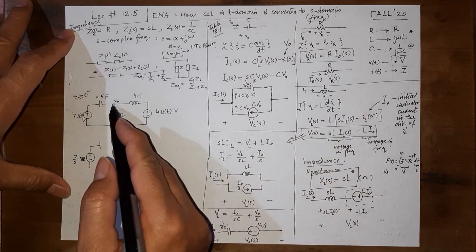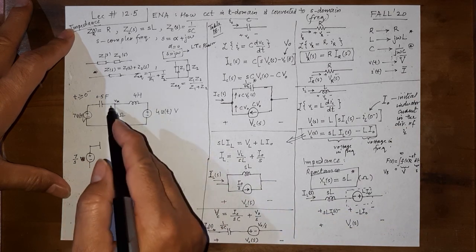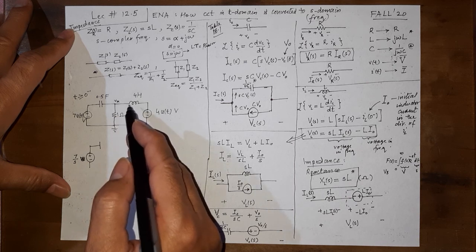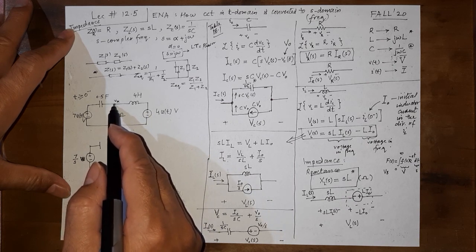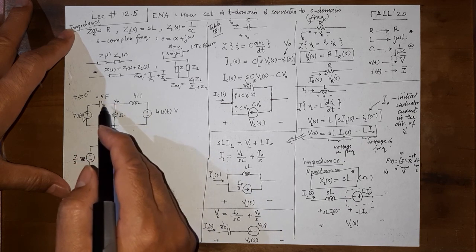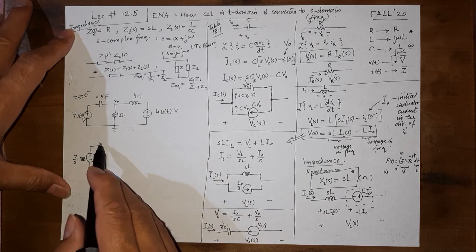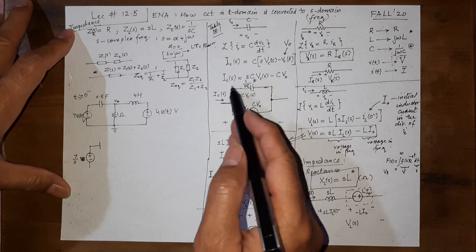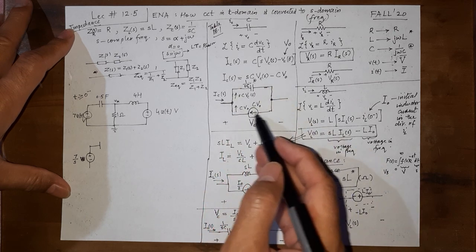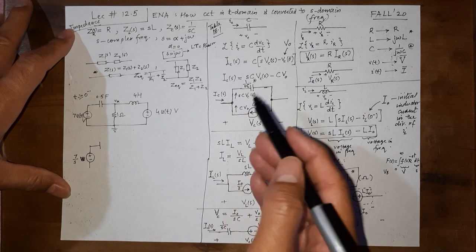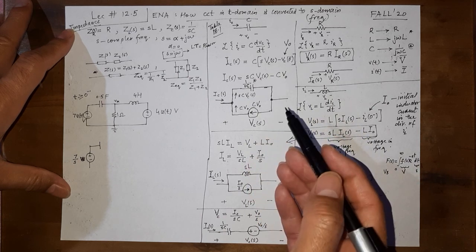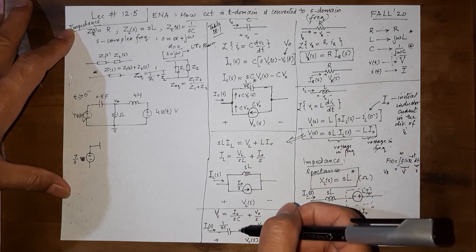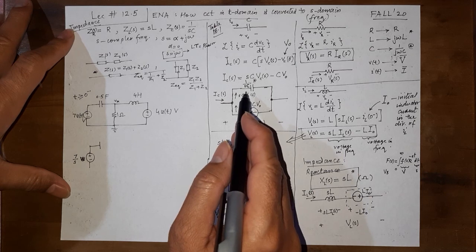Here we have to write node voltage equations, so we would be interested in currents. Representing this capacitor by its equivalent form in this way, where we have a current source, may ease things. Although it's not a rule, it's purely your choice, but let me use this one.